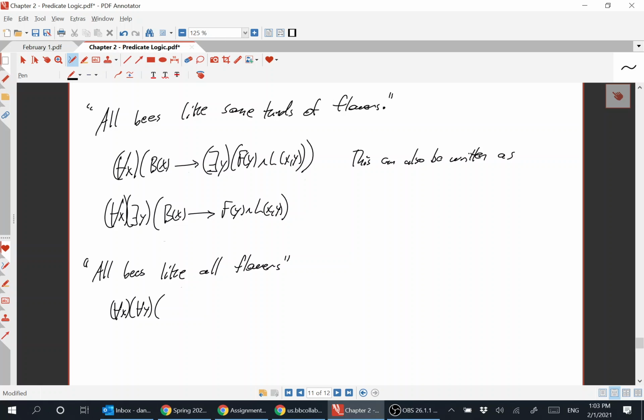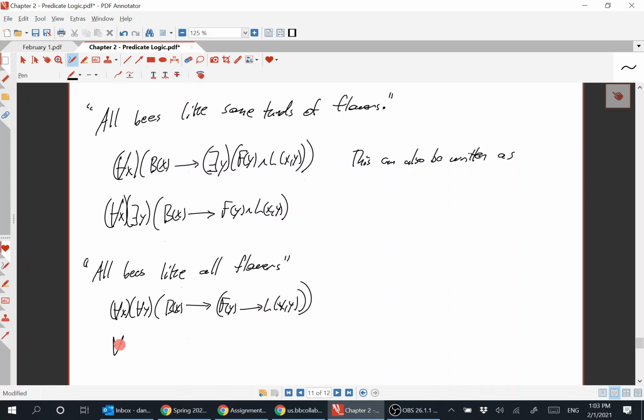If you were just saying B X implies L X Y, that means all bees like everything. So it would be B X implies, F Y and L X Y implies L X Y. Universal quantification always goes with implication.